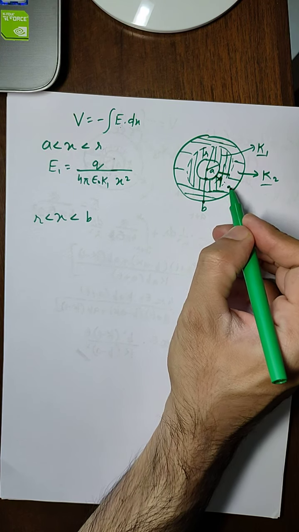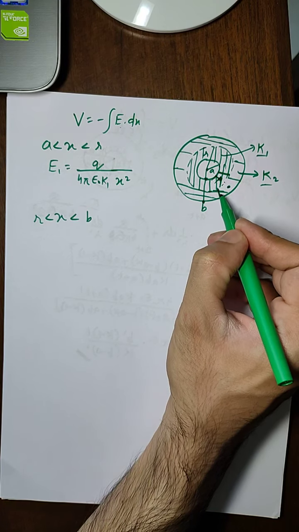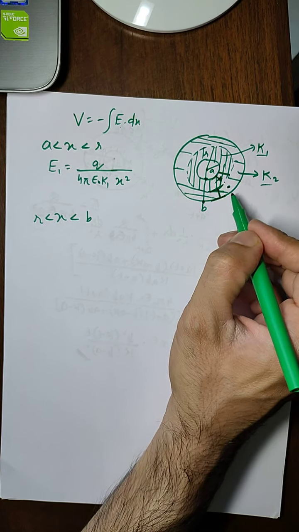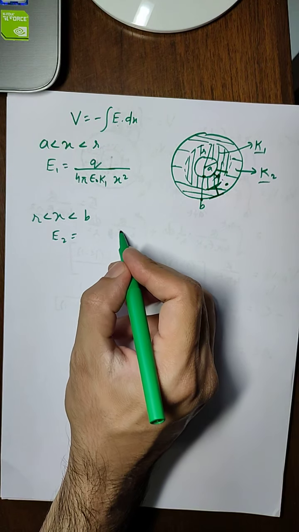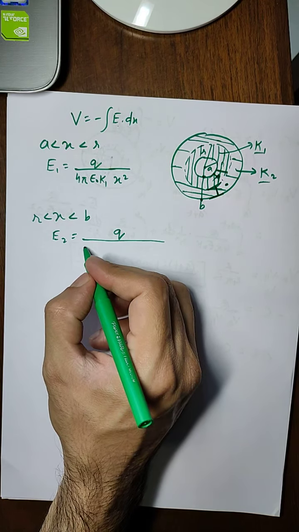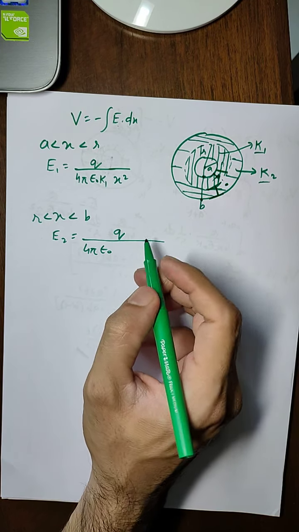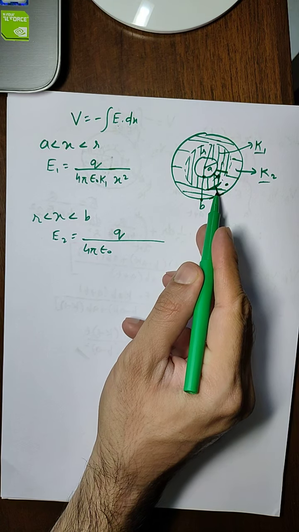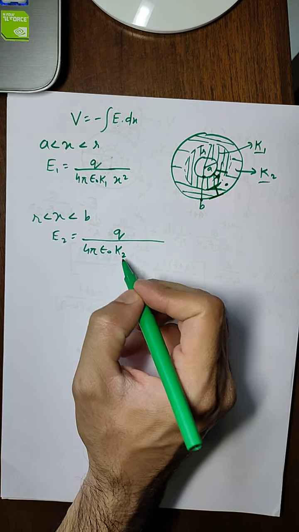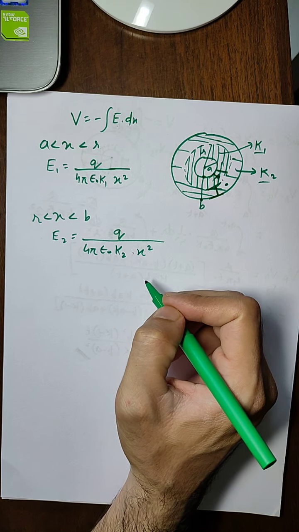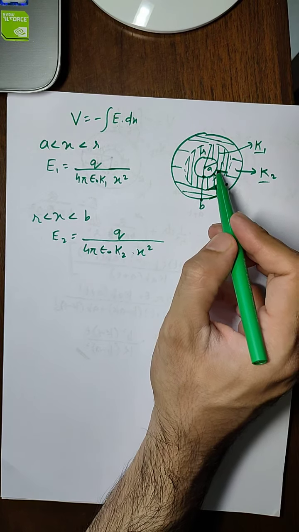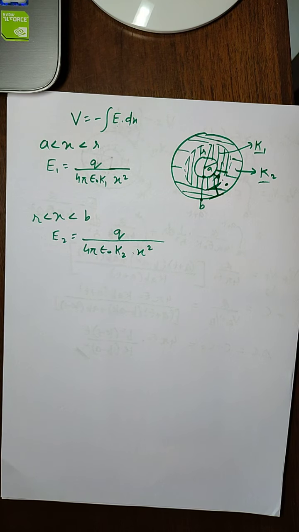Similarly, in the region between R and B, let us say the electric field is E2, then its expression will be Q upon 4 pi epsilon naught. Now the dielectric has changed, it is of constant K2, so we multiply by K2 into x square. So these will be our two electric fields generated in this system.